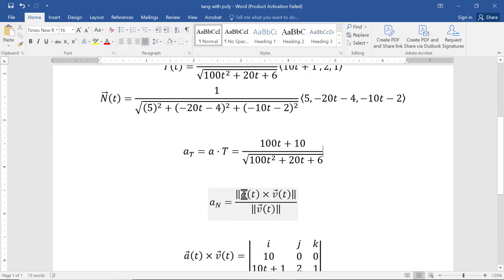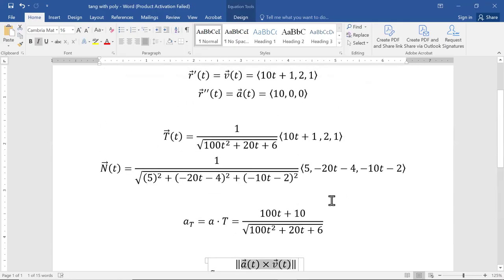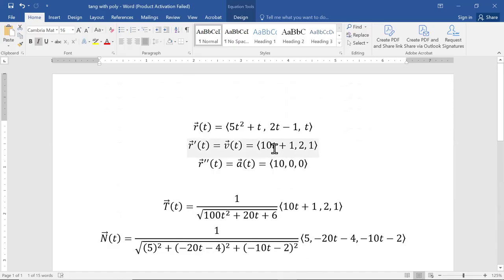It may be easier to do a cross product with numerical values in here and then do the magnitude of that than trying to do derivatives of unit tangent functions. So if we're looking at specific values of t, it might be more useful to use one of those other formulas.